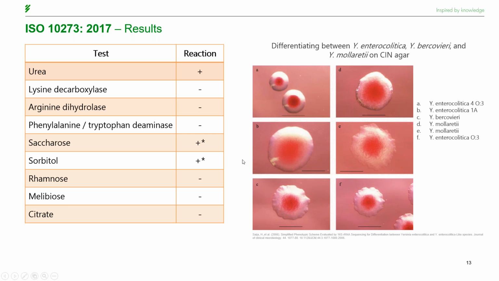And this image clearly proves the need to make the rest of the confirmation assay tests, because as we see, Yersinia enterocolitica can be very similar to other species of Yersinia.